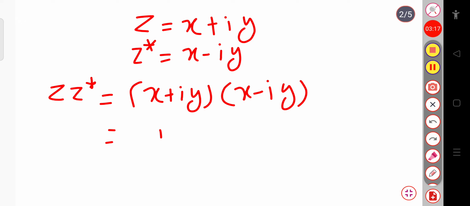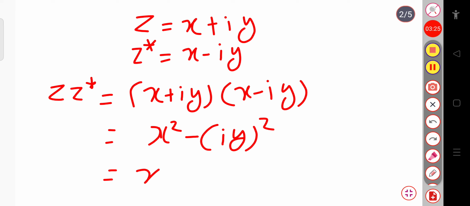So, that will be a squared, which is x squared, minus b squared, which is iota y whole squared. So, this is x squared, i squared becomes minus 1, so this minus 1 becomes plus 1 into y squared. So, this is a purely non-negative real number. Here you can conclude that when you multiply a complex conjugate number with a complex number, you will get a non-negative real number. Okay.